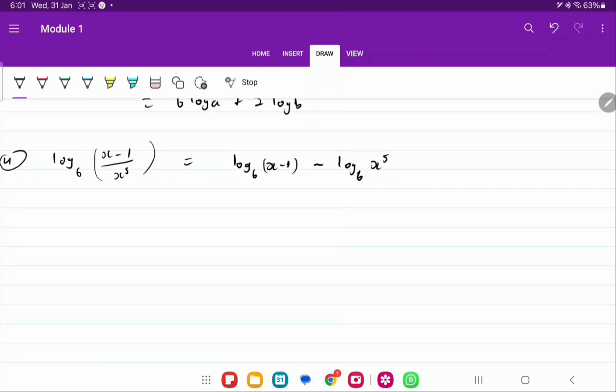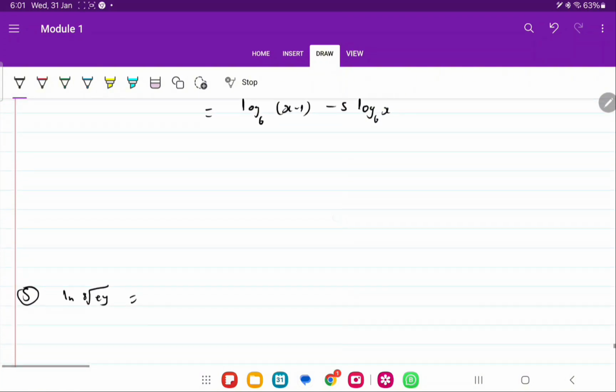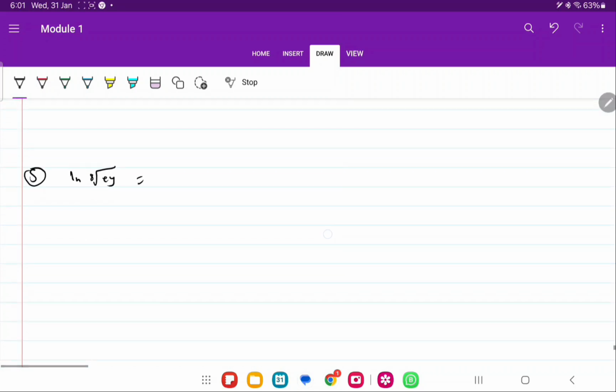Now I can use my power law to bring this 5 out of the argument and bring it in front there. That's going to give me log base 6 of x minus 1 minus 5 times log base 6 of x. Let's move on to the next one.